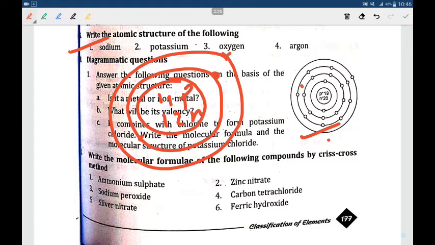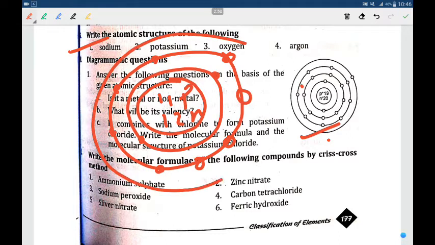Second orbit, 1, 2, 3, 4, 5, 6, 7, 8, right? Third orbit, how many are there? Only 1 electron. So this is the atomic structure of sodium. Okay, sodium. Is that clear?